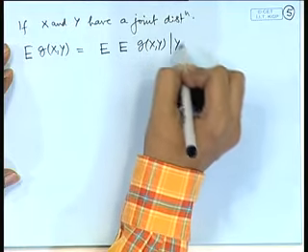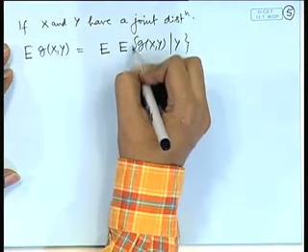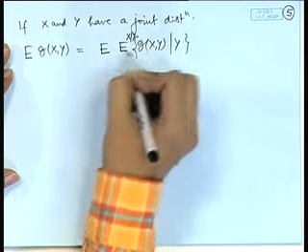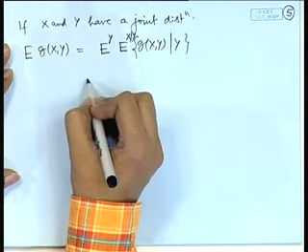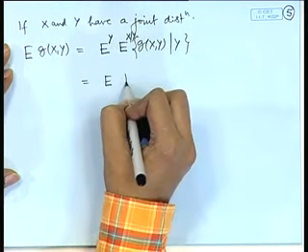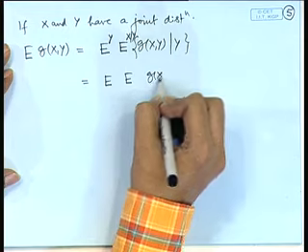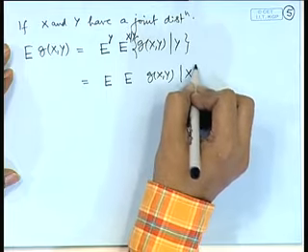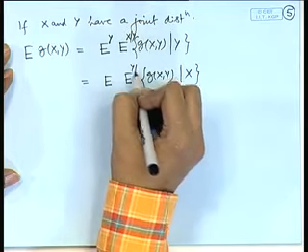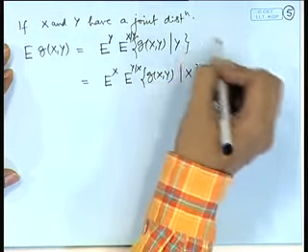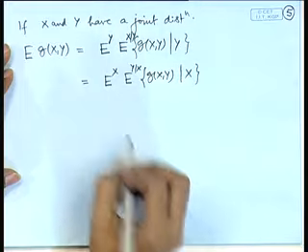We may calculate firstly the conditional expectation and then take the expectation with respect to the marginal, or alternatively we may consider it as expectation of the expectation of g x y given x, provided of course the expectations do exist.